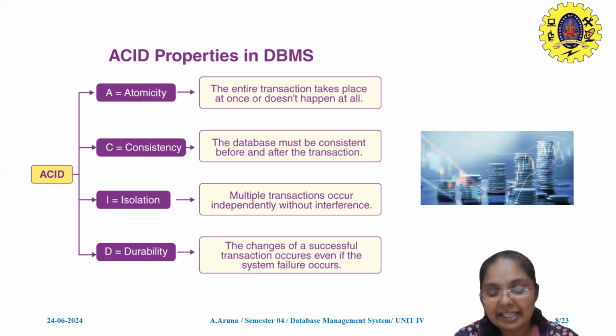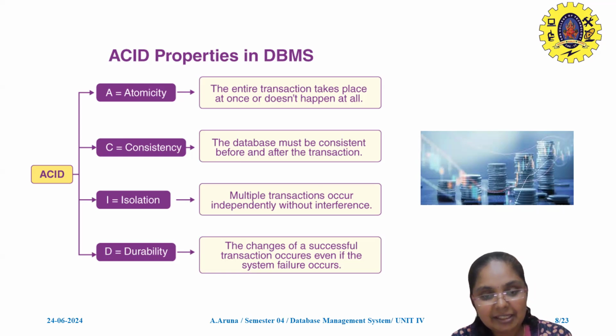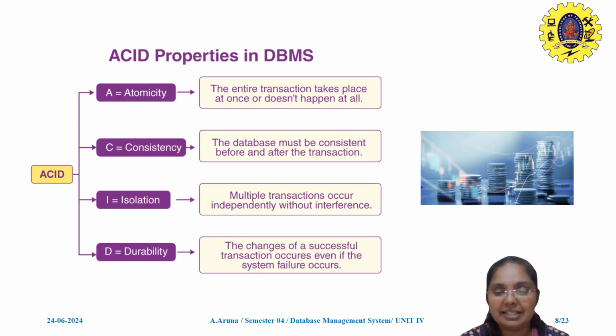The last one is D for durability. That is nothing but the lifetime of the particular transaction or a schedule, which we can call durability. Simple example, what is the durability of the battery? That is nothing but the lifetime of the battery. Similarly, in that particular transaction, how much time it can be in an active state, that is between the open and close.